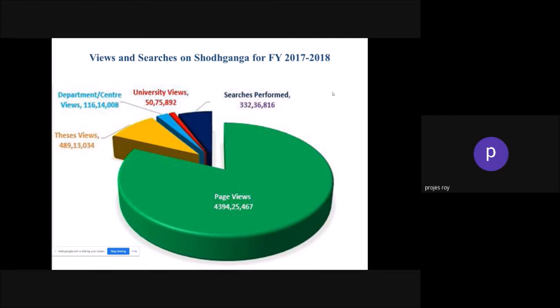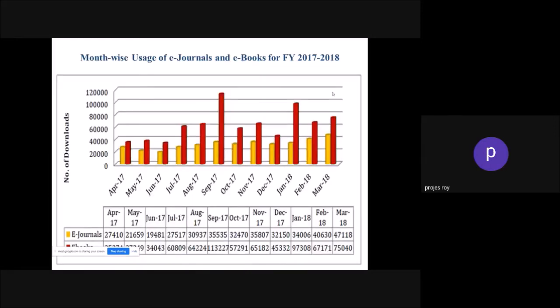Searches performed. Can you imagine the quantum of search being done every day? Page views 43 crore 94 lakh 25,467 pages. So the majority of people in India are searching. Here you can see the month-wise usage of e-journals and e-books, 2017-18, in N-LIST.